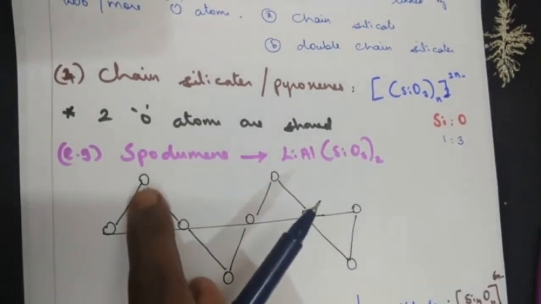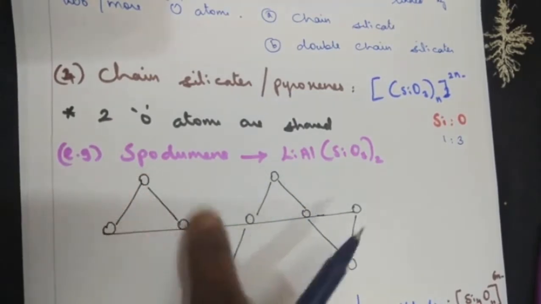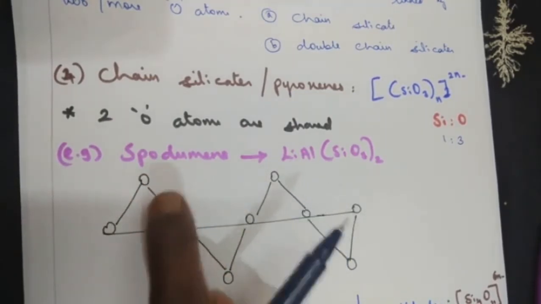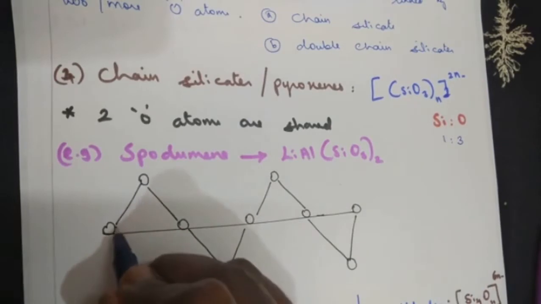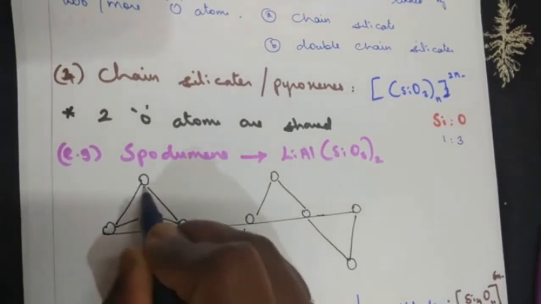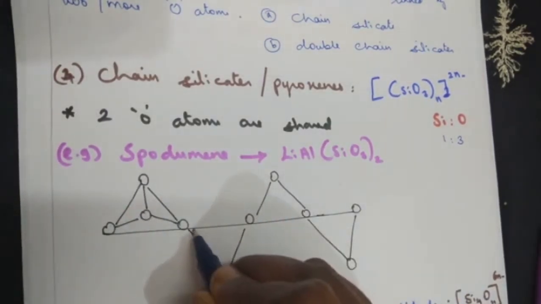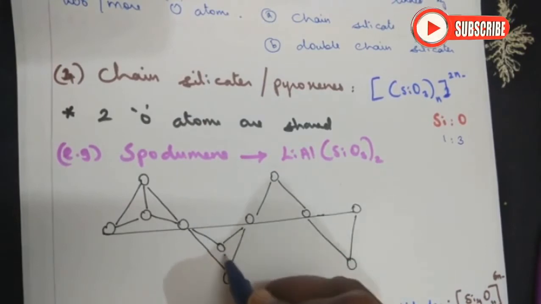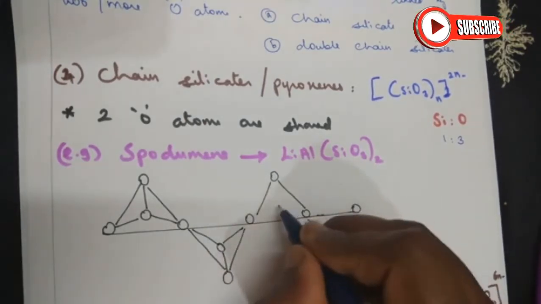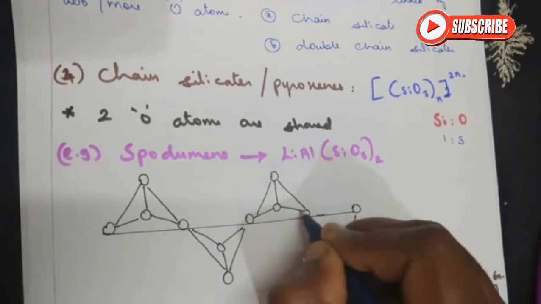Done. Now, SiO4, three oxygens we have shown. We have to show the fourth oxygen that is behind the plane. So show it as usual in the middle. For every triangle, there is an oxygen behind the plane. Done.